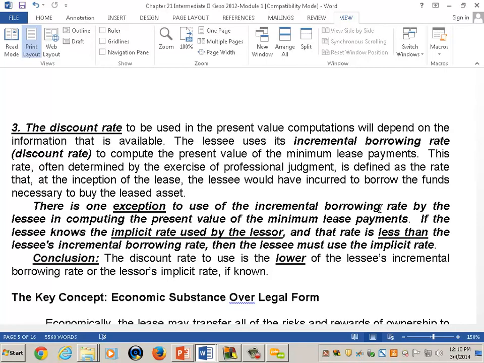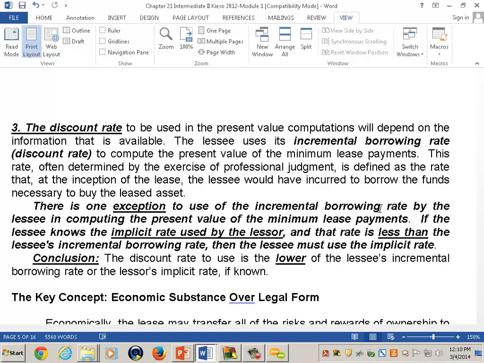So essentially, applying this to a personal case, if you lease a car versus buying it, if you bought the car, what would the bank or the finance arm of the dealership charge you to buy the car? What would be the interest rate? That would be your incremental borrowing rate. It could also be your cost of capital or your weighted average cost of debt capital. So it's the rate that you would incur on a similar transaction if you were going to buy the asset.